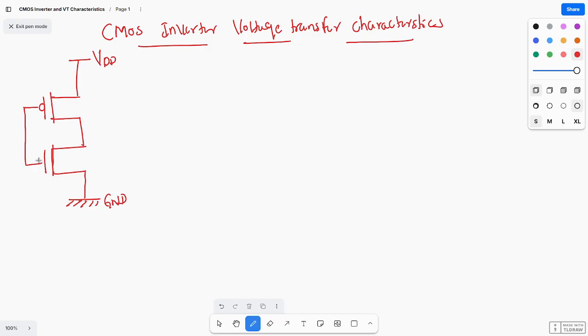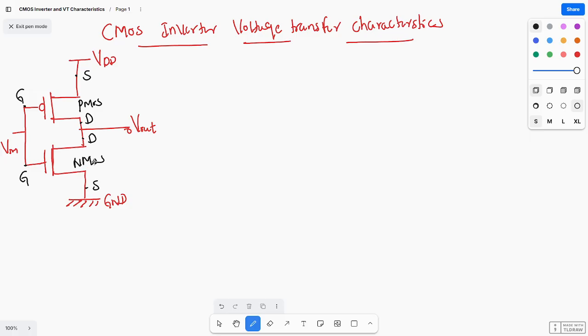These two are connected, and here you are giving input Vin, and here you are getting output Vout. Okay, so here if you see, this is source, gate, and drain. Okay, this is drain, gate, and source. Okay, so this is PMOS and this one is NMOS.